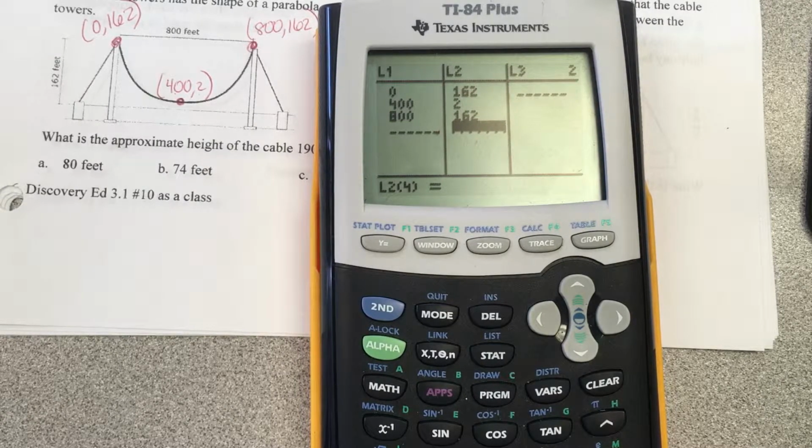Go ahead and do the next step if you know it. Some of you already know how to go. Keep going, write it down. All right, hit stat again. Over to calc. Down to number 5. Enter, enter, enter.